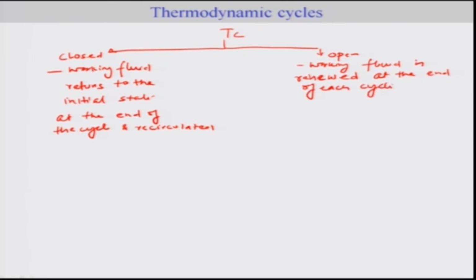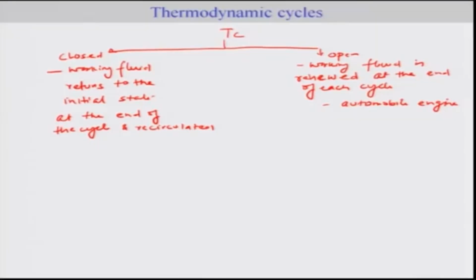The example of an open thermodynamic cycle would be your automobile engine. In this particular open thermodynamic cycle, the gas does not undergo a complete thermodynamic cycle. Ideally, we should say the working fluid undergoes a mechanical cycle. We will get an idea of this subtle difference in the later part of the lecture.